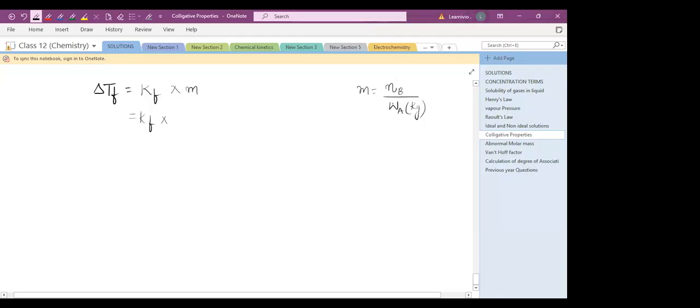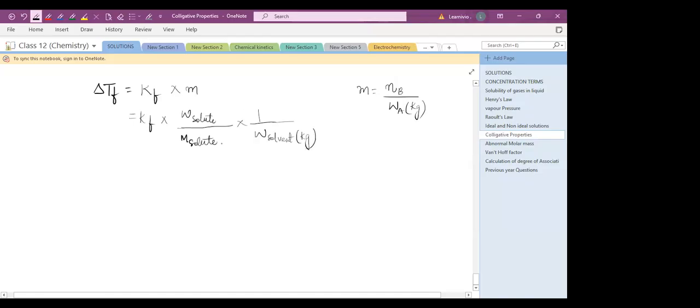That's the formula, right? And the number of moles we can write as given mass of solute upon molecular mass of solute, and this into 1 upon given mass of solvent in kg.